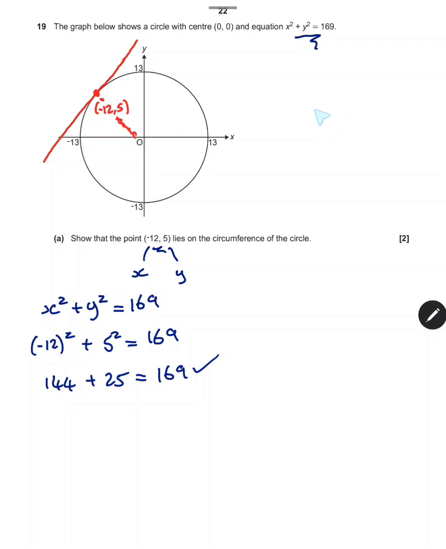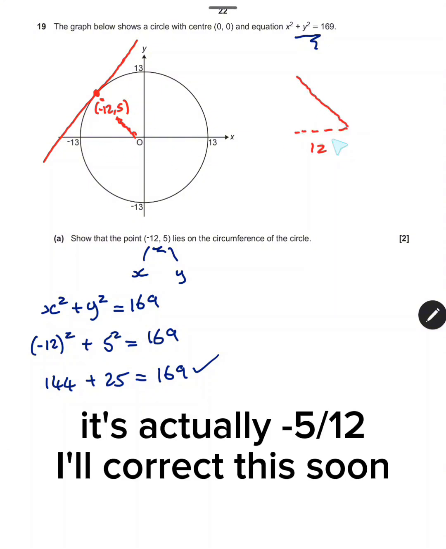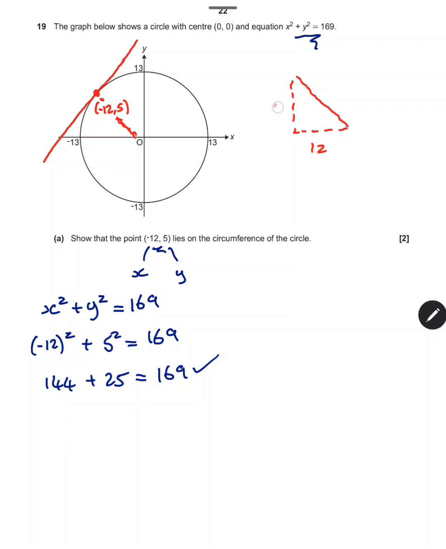Okay, so that line there, I'll just sketch it out separately, is a straight line there that is 12 across and 5 up, just by thinking about the coordinate. And I can work out the gradient m just by doing the up measurement divided by the across measurement, and up is 5, across is 12. So the gradient of this line here is 5 over 12.